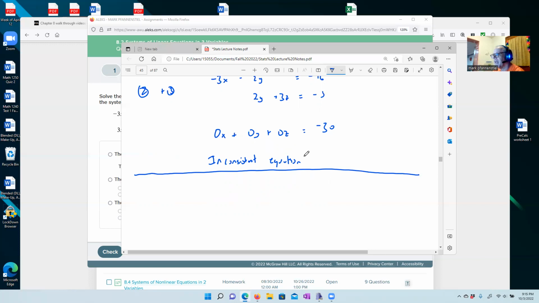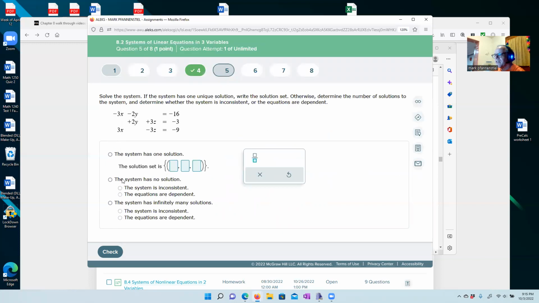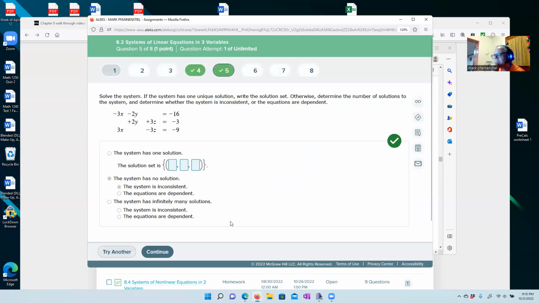So in this case, we have inconsistent equations, so the system has no solution. That's how you do a problem like that.